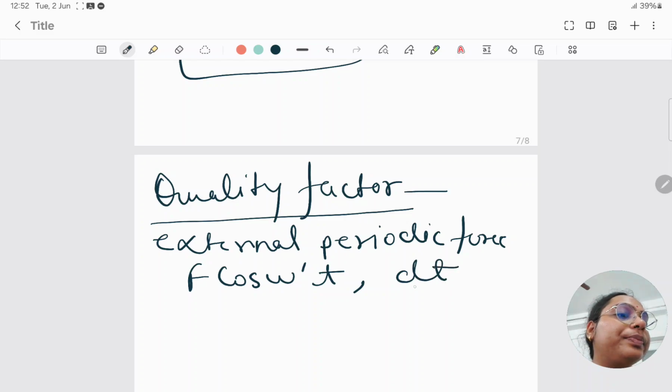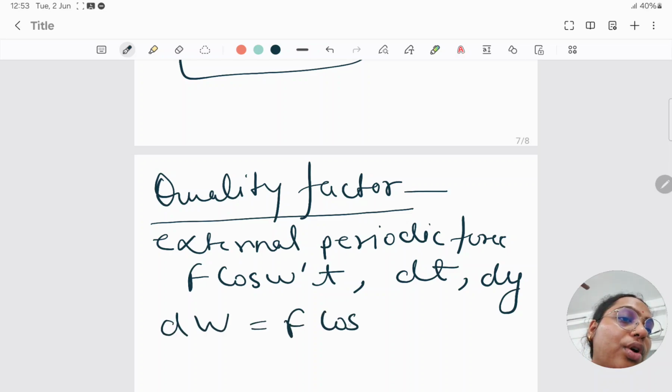Then in this dt time, let's say that the oscillating system is displaced by dy distance, then what will be the work done, means the work supplied by the external force? What will be the work? dW will be F cos omega dash t into dy.